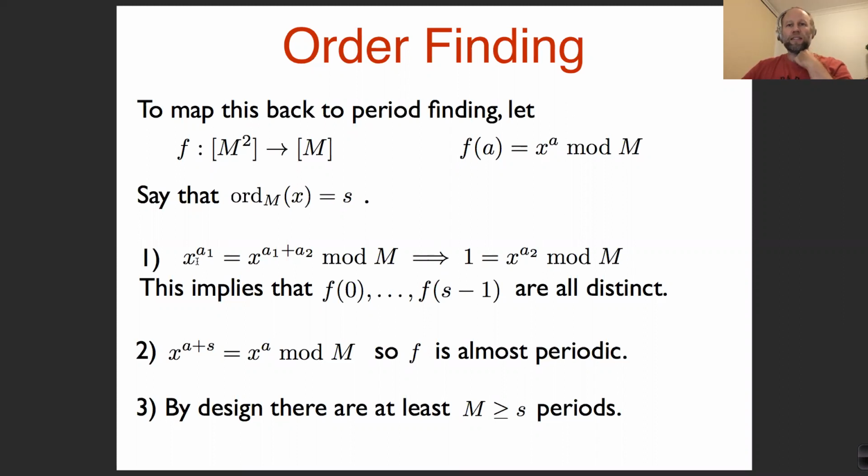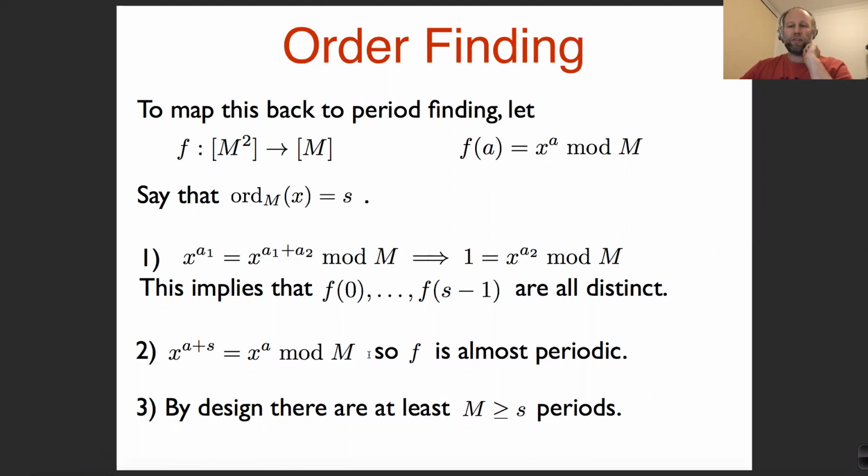Suppose that x to the a1 was equal to x to the a1 plus a2 mod m. That means that x to the a2 must be 1 mod m, which in turn means that a2 must be at least s, because s is the least positive integer such that x to the s is 1 mod m. So in particular, f of 0 through f of s minus 1 must all be distinct.